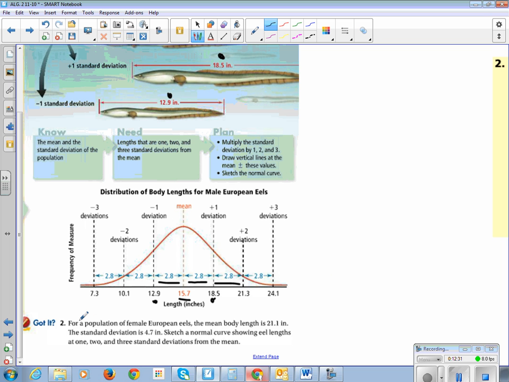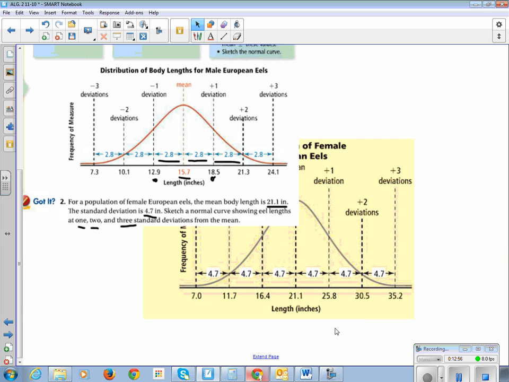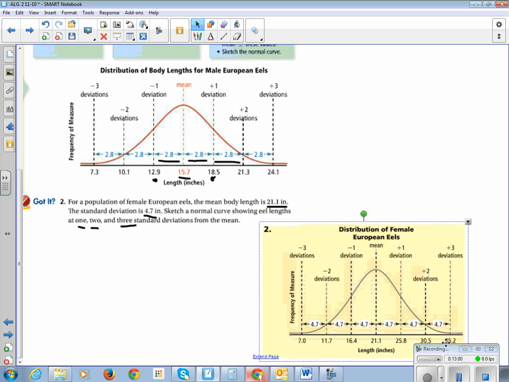All right, let's apply that for female European eels. The mean body length is 21.1, and the standard deviation is 4.7. We're going to sketch a normal curve showing eel lengths at 1, 2, and 3 standard deviations from the mean. So I'm going to pull that from here and show you what that looks like.